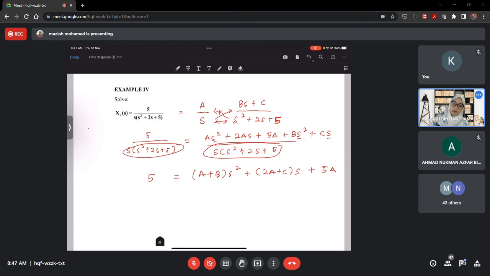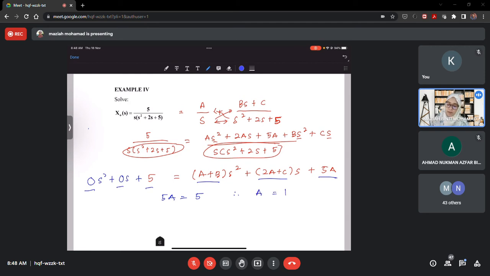If we compare the left side to the right side, for the left side this is actually 0s square plus 0s plus 5. So now you can equate A plus B to 0, 2A plus C to 0, and 5A to 5. From there, 5A equal to 5, therefore A is equal to 1.